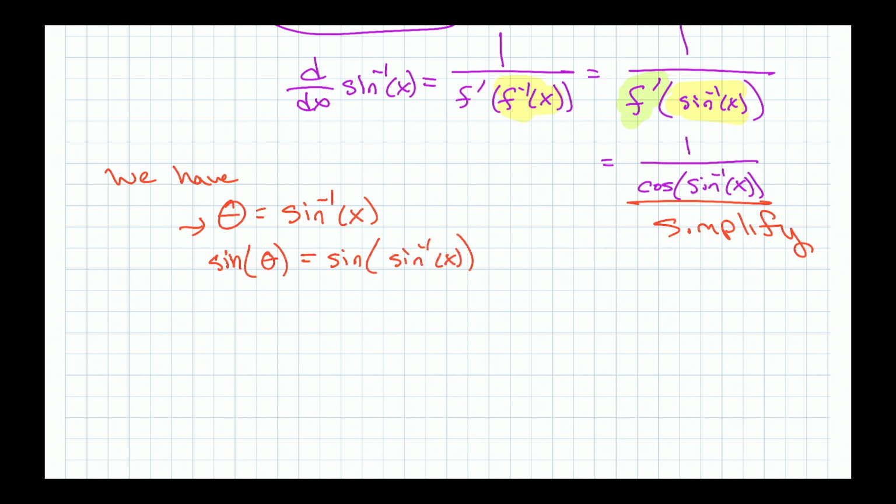On the right-hand side, it's just going to cancel. You're going to end up with sine theta equals x. Okay, so far so good. You might be wondering what we're doing, why we care, but I'm going somewhere here, really. So theta equals sine inverse of x, sine theta equals x.